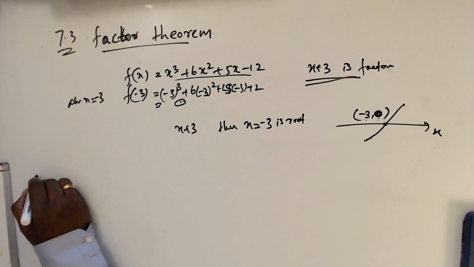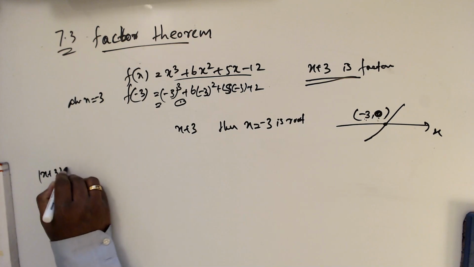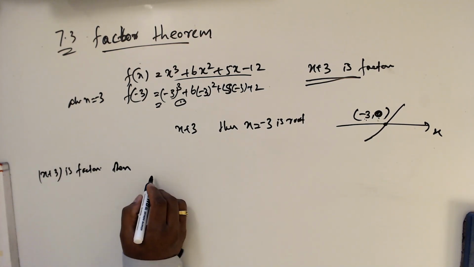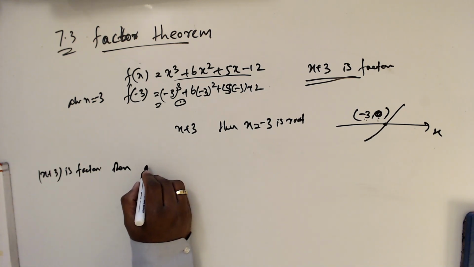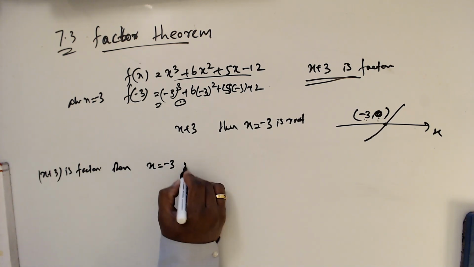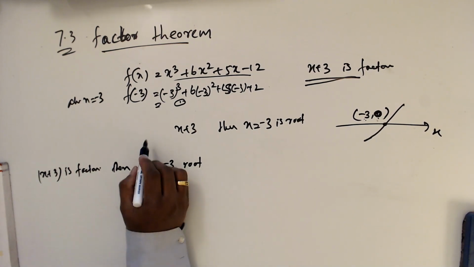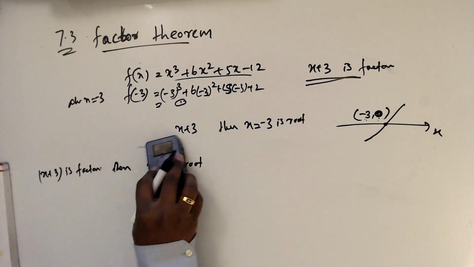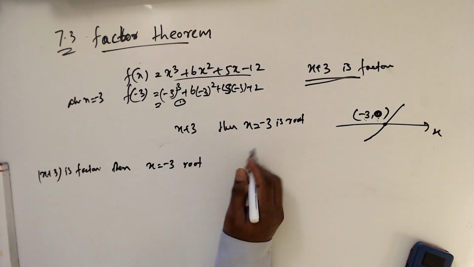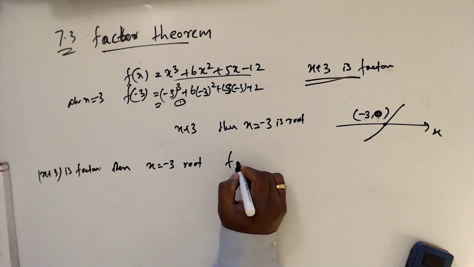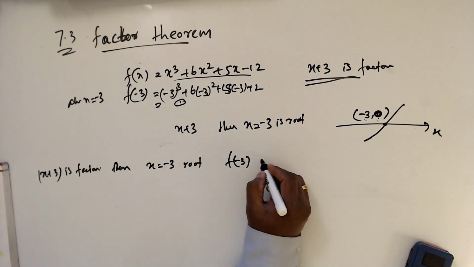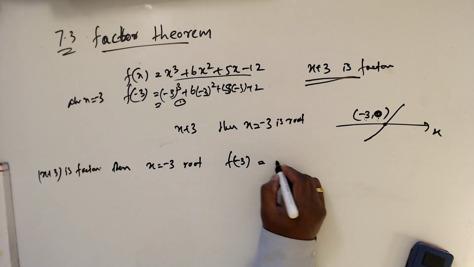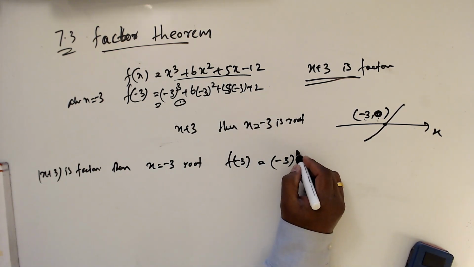I will tell that x plus 3 is a factor. Then we know that x equal minus 3 is a root, because x plus 3 equals 0, x equal minus 3 is a root. What is the meaning of this one? When you substitute this, the y value has to be 0.